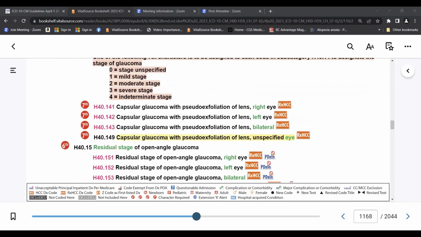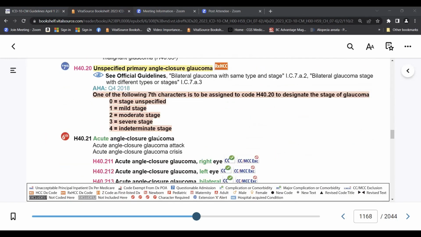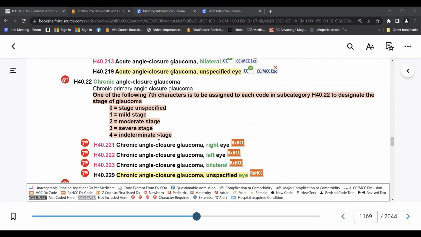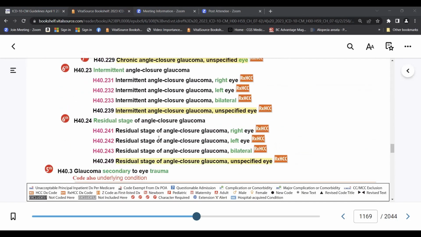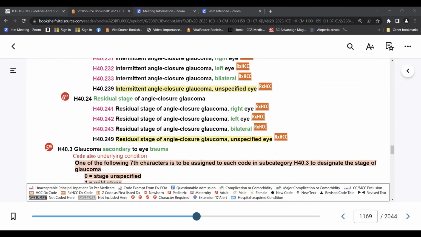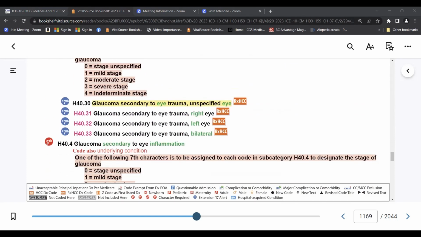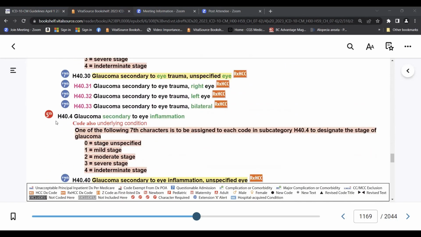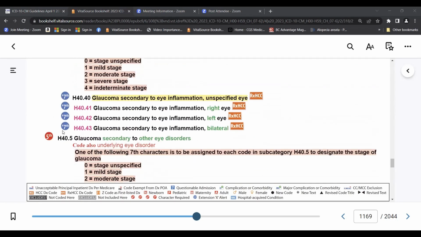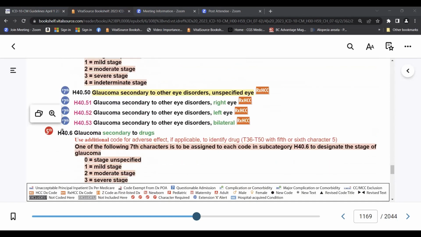Okay, so I just want to show you this, and I want to ask you to please take a moment, look through the codes in your own manual. For example, H40.3 has a code also note, code the underlying condition. So there are things that you need to highlight to make sure they stand out to you. Also, we have it at H40.4, H40.5.